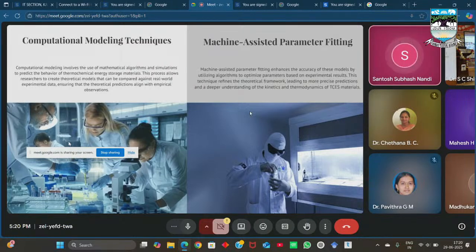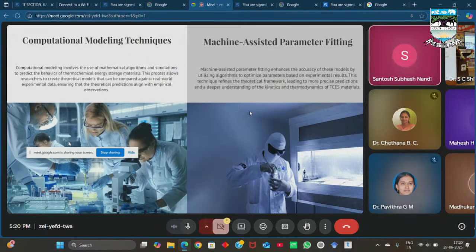These processes will help us to create theoretical models that can be compared with real world experimental data, which will help us to ensure that the theoretical predictions align with the observations we are going to get from the experiments.